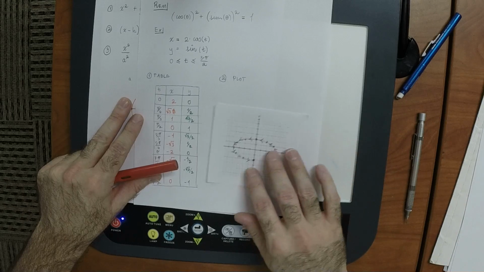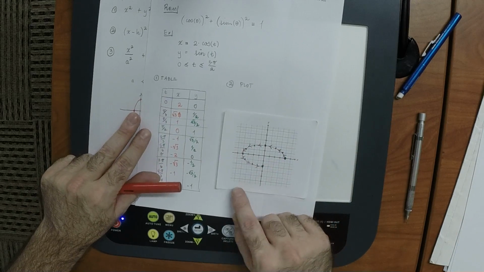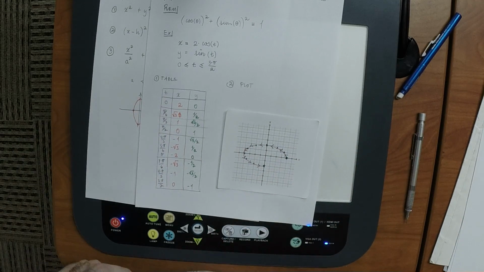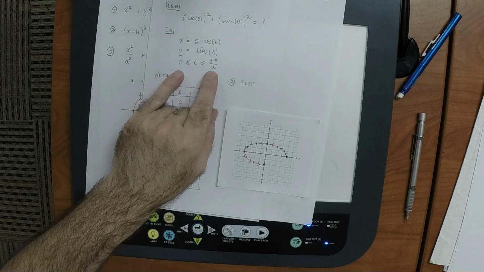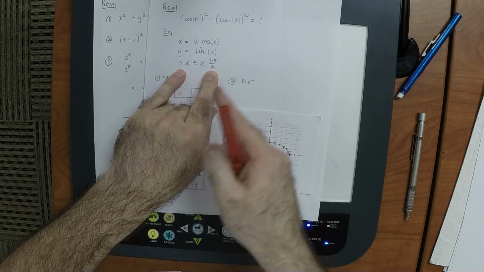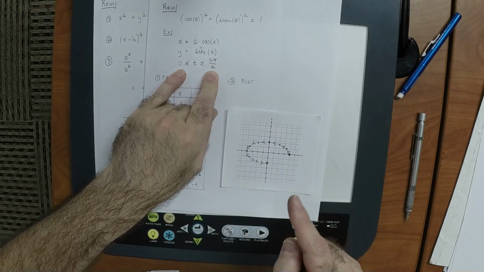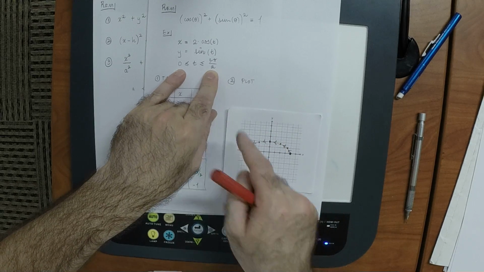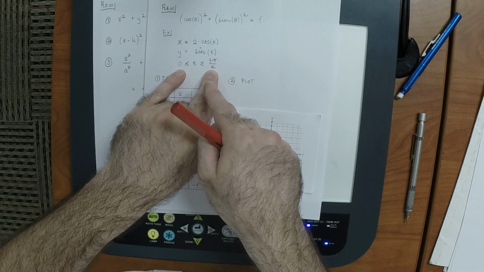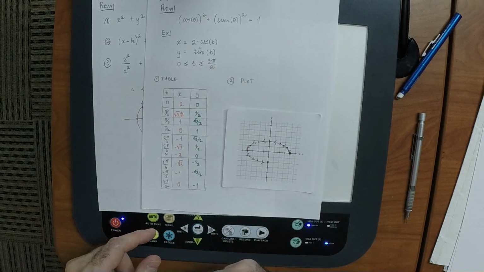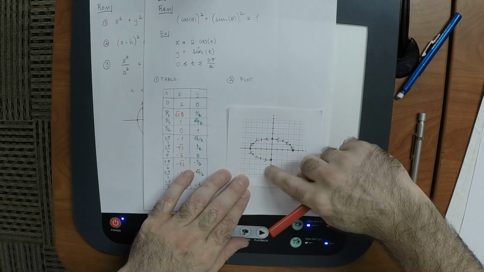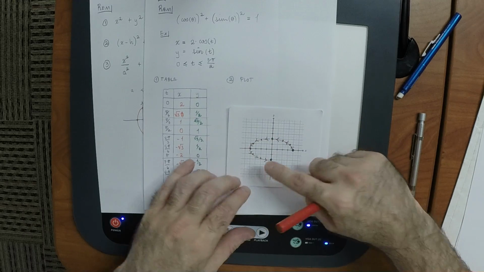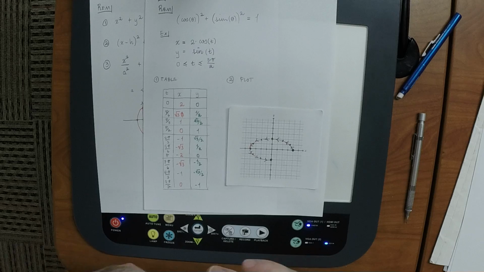Why is it that this didn't draw all the way around? What would we need to go all the way around? Yeah, we'd have to change this to be a full measure of angle, right? Or, if we just wanted the top half, 0 to pi. Or if we just wanted the left half, pi over 2 to 3 pi over 2. That tells us how to draw just the part that we want.